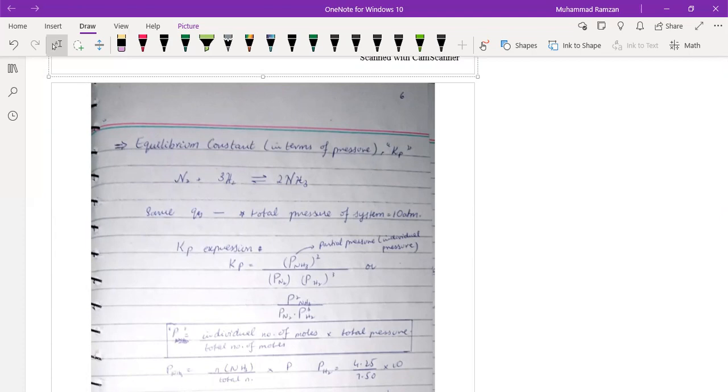Primarily, we have discussed Kc. Now it is Kp, that is equilibrium constant in terms of pressure. This is the same thing.